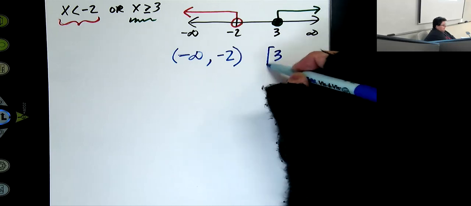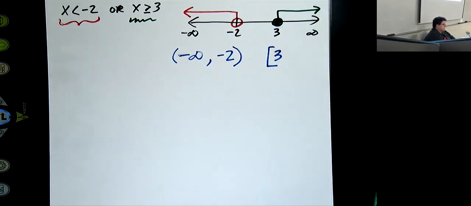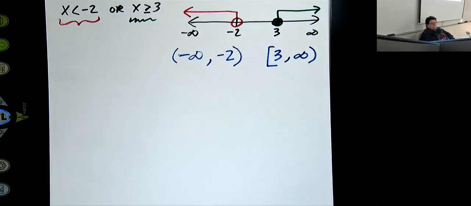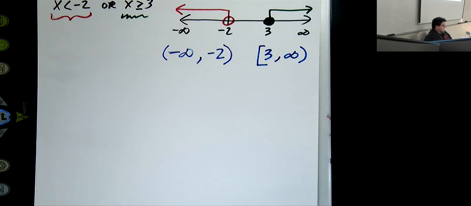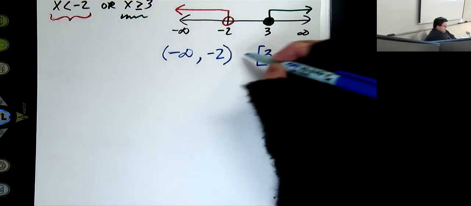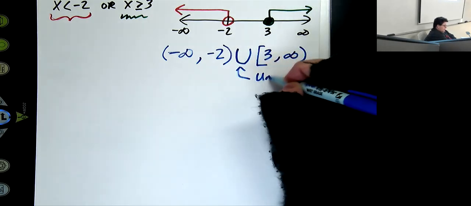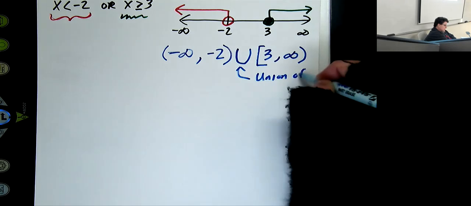The 3 gets a bracket. And it keeps going to infinity. And infinity gets a parenthesis. When there are 2 regions like that, they put a big fat U in there. This means the union of the 2 regions, or union of 2 sets.